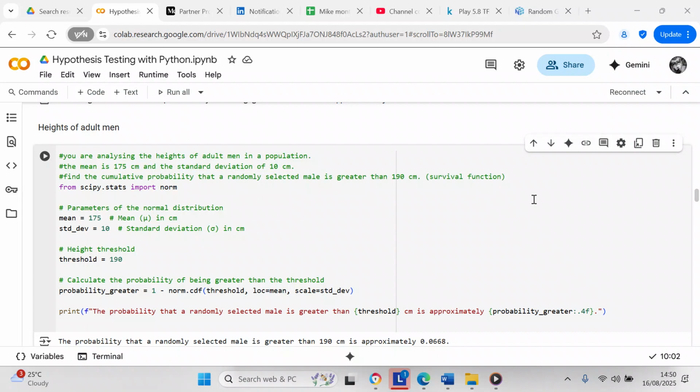So we're going to be setting the parameters of the normal distribution. The mean is 175 centimeters, the standard deviation is 10 centimeters. The height threshold in this instance is 190 centimeters. And that is your survival function.